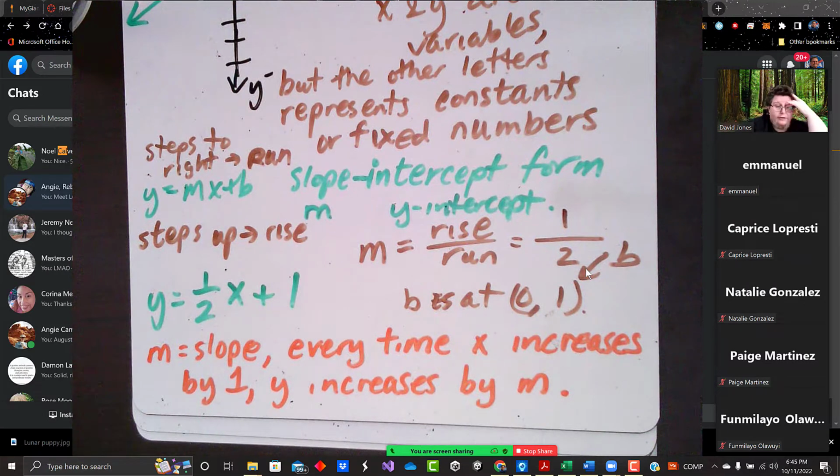Give you another 30 seconds with that, and then I'll take it away and we'll put up another one. This is just some basic reminders about how graphs work, because a lot of this is done with graphing.